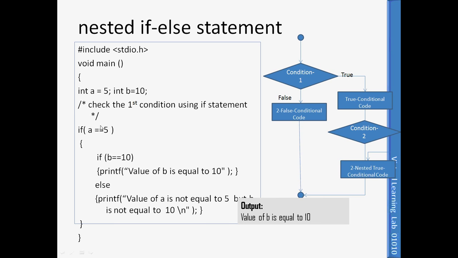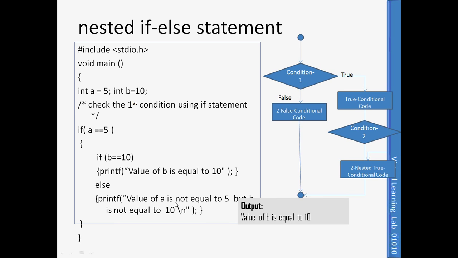Nested if means you are checking multiple ifs inside a single statement. Suppose I say if A is equal to 5, check if it is true, then the consecutive statement gets verified: if B is equal to 10, print the value of B is equal to 10. Else, the value of B is not equal to 10. I suppose it's a text printing mistake.